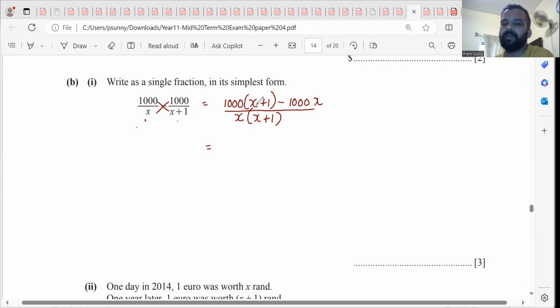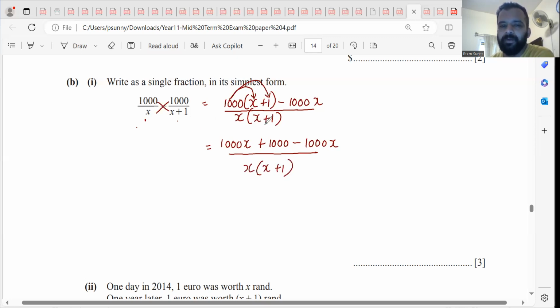Now, we have to expand the bracket here. 1000 into x plus 1. How do we expand the bracket? 1000, multiply it with x, and 1000, multiply it with positive 1. I'll get 1000x plus 1000, minus 1000x, divided by x into x plus 1.